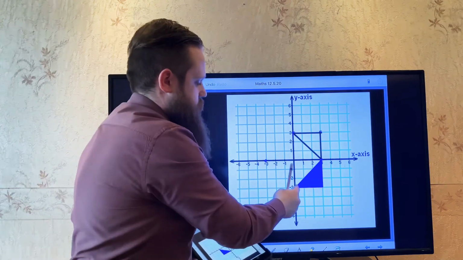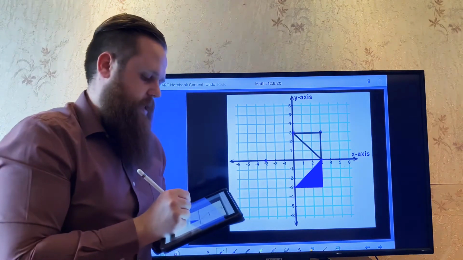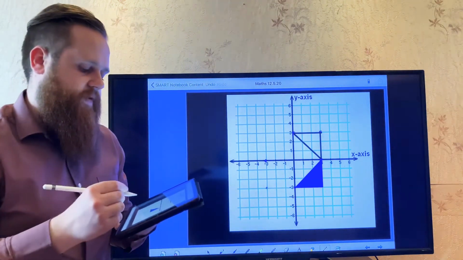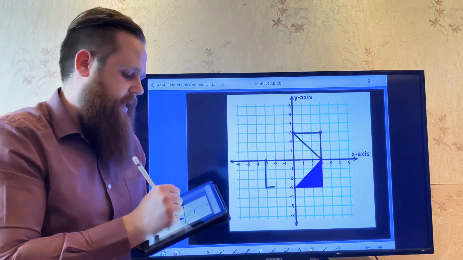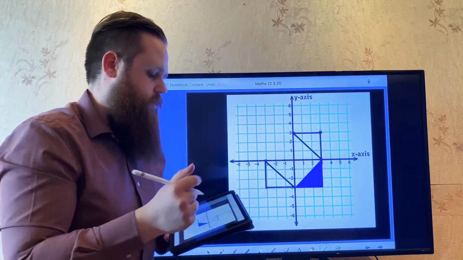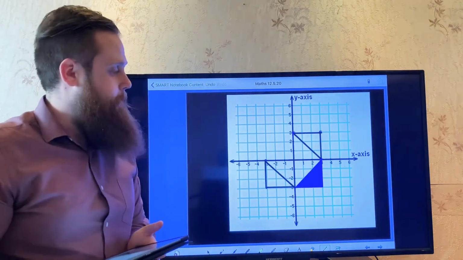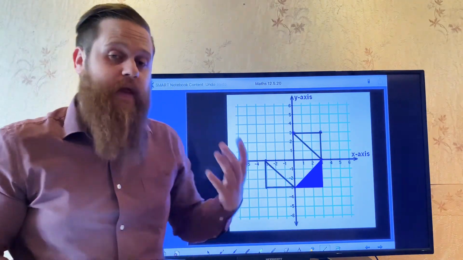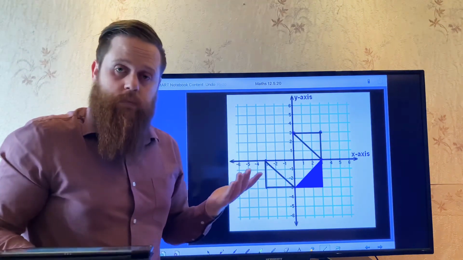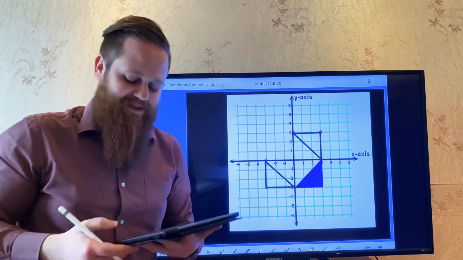And this one is 3 out, and it's going to be 3 there. And again, that will give me my reflection in the y-axis, and it will look like that. Again, just like I got a mirror, I just flipped it over across, okay? So that is reflection. Coordinates, as easy as that, okay?